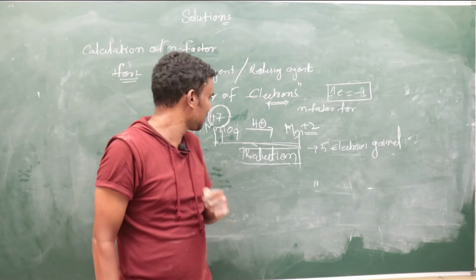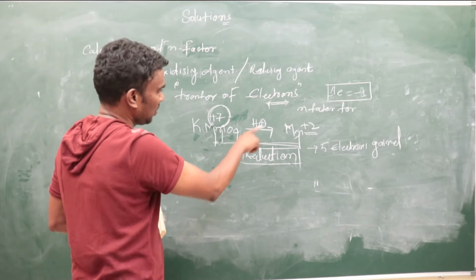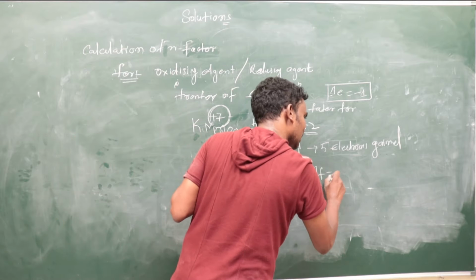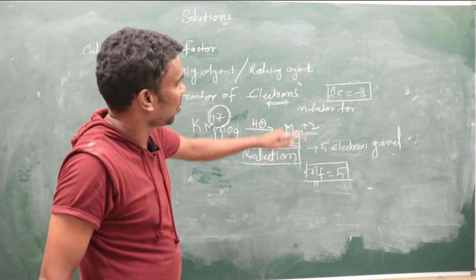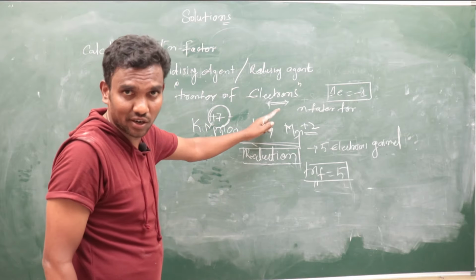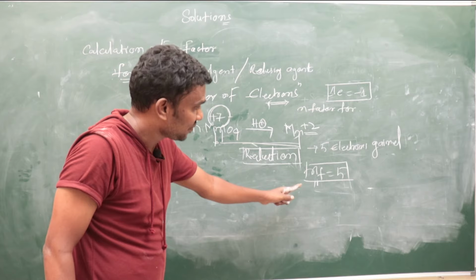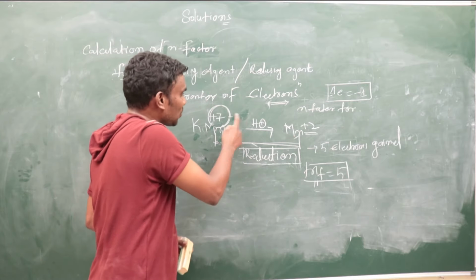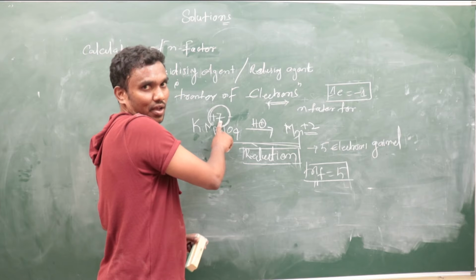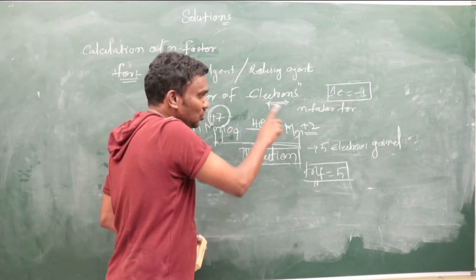So what is the n factor, sir? It is 5. The n factor is the transfer of electrons. Here 5 electrons are transferred for MnO4, as +7 comes to +2.